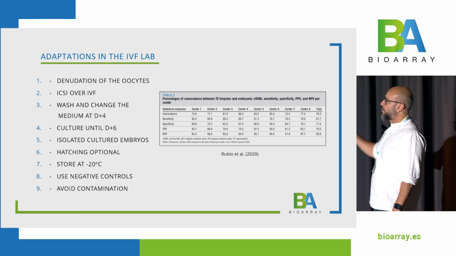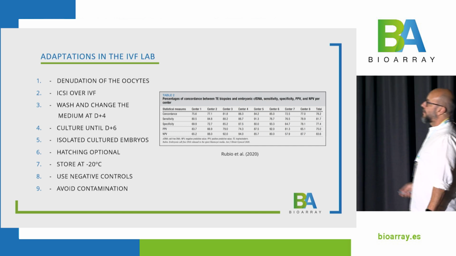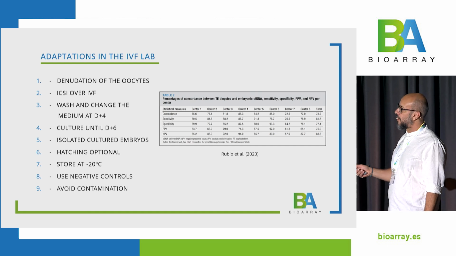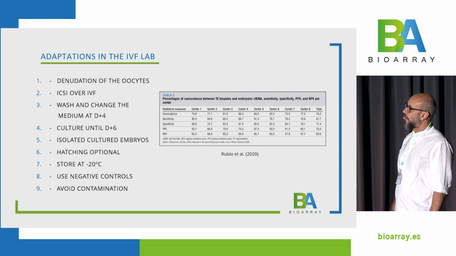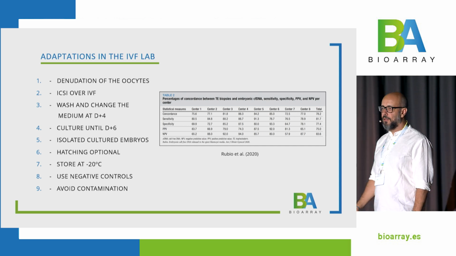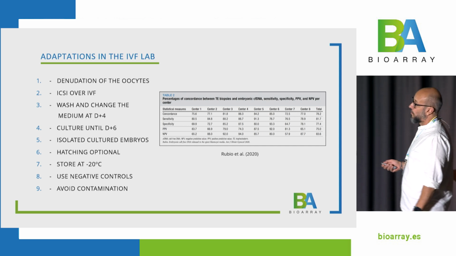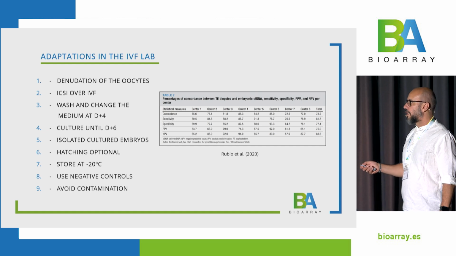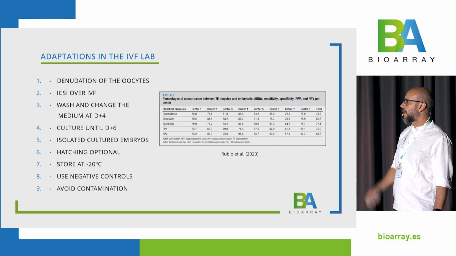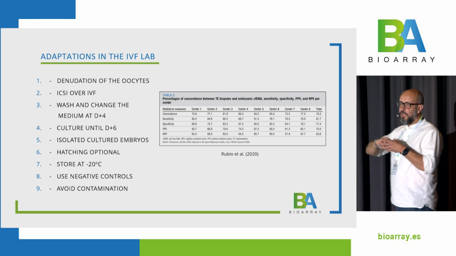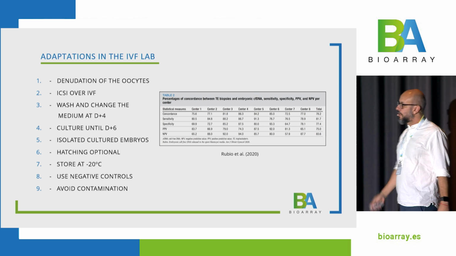So at that point, the modifications in the IVF lab that are recommended to make it work: the first one, we need to do a denudation of the oocytes, quite extensive. Also, one important thing is to do the washing and change the embryos at day 4. With this, we remove all the maternal contamination.